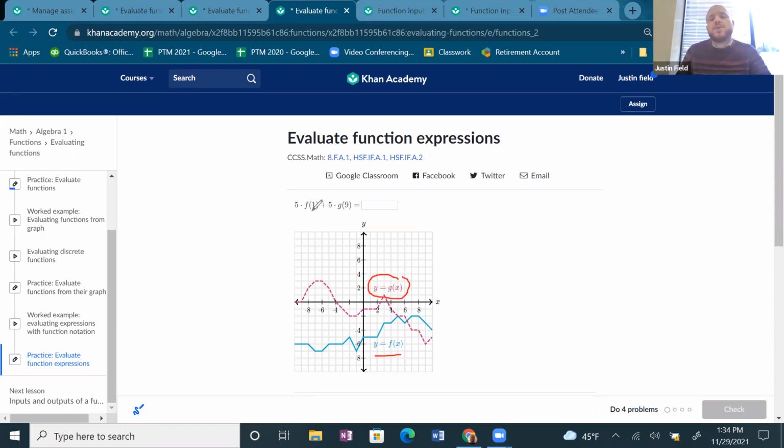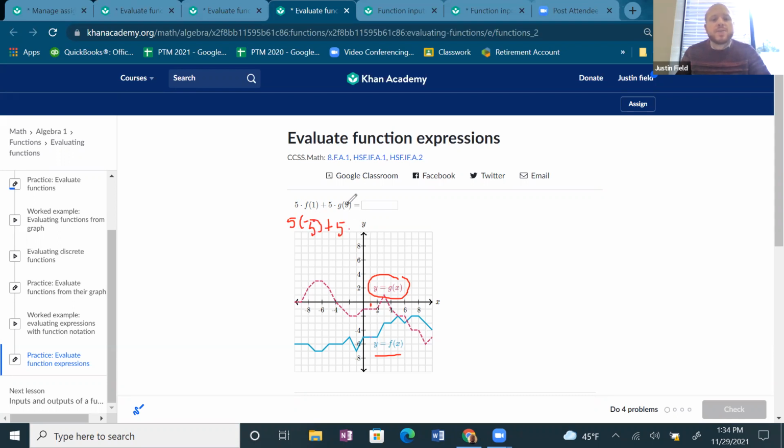We're going to substitute in the values here. So when f has an input of 1, and 1 is right here, what is the value of f? It is right here, it is -5. So I'm going to substitute in -5 because that is the value of f of 1.